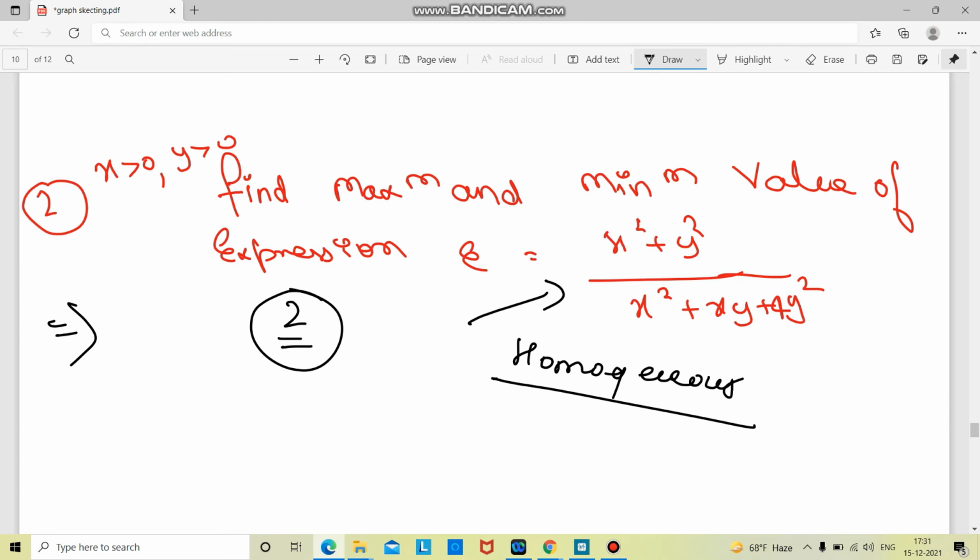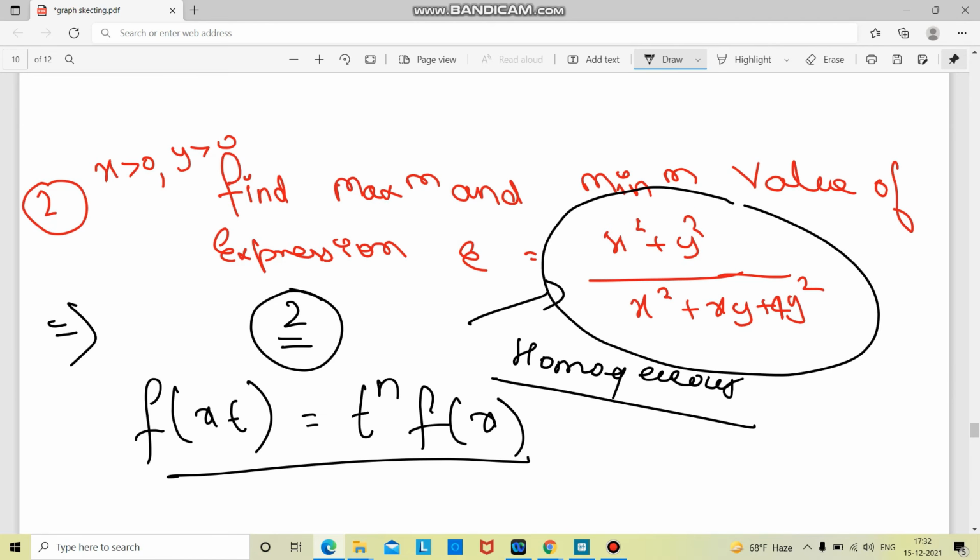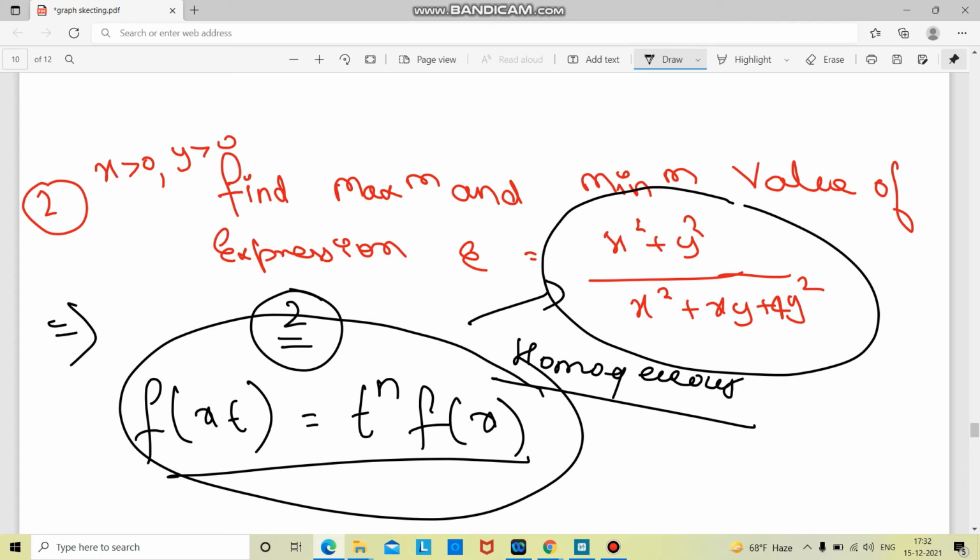An equation is known as homogeneous if f of xt is equal to t to the power n into f of x. This is the fundamental of a homogeneous equation. If we divide by x square, it also becomes like this.